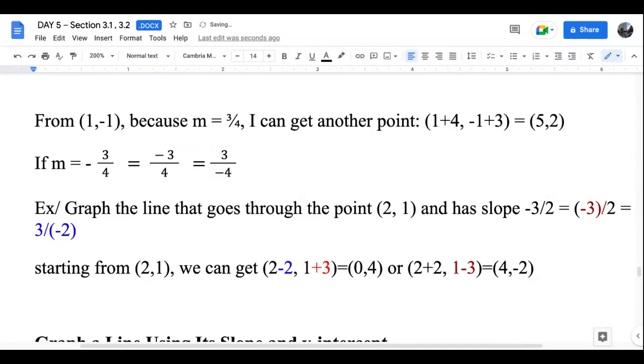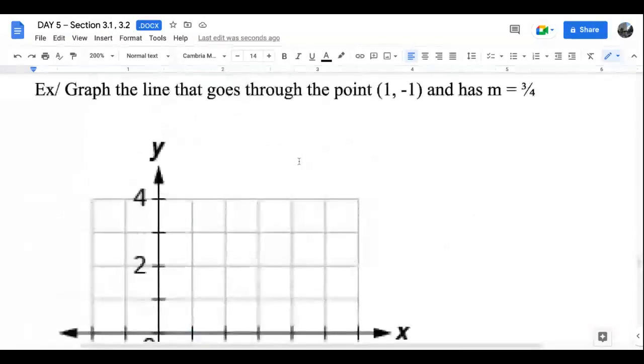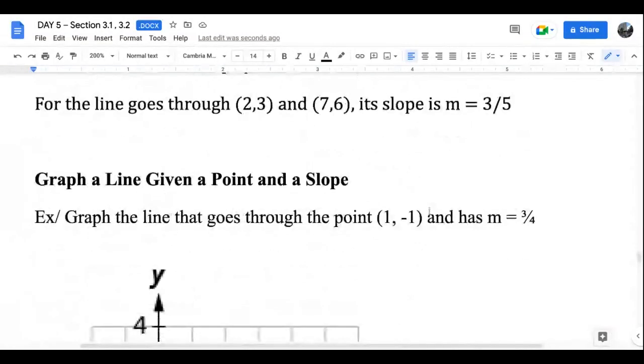These two mean different things, but let me go back to this one first.